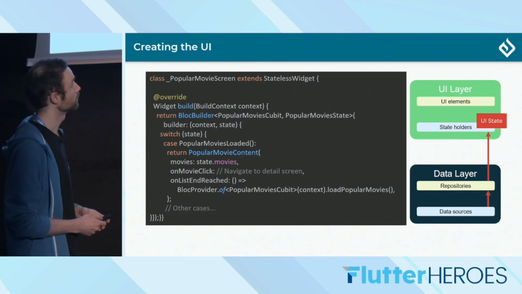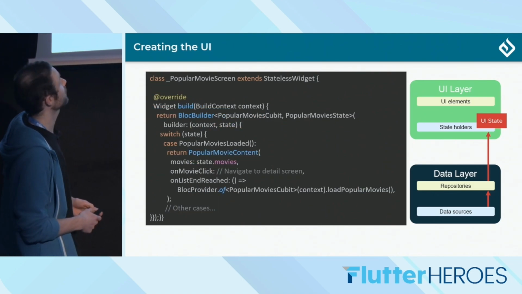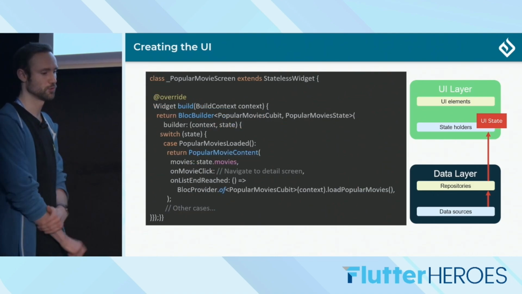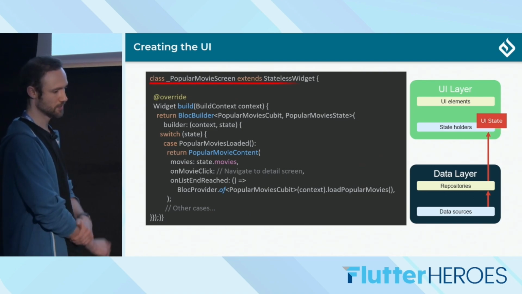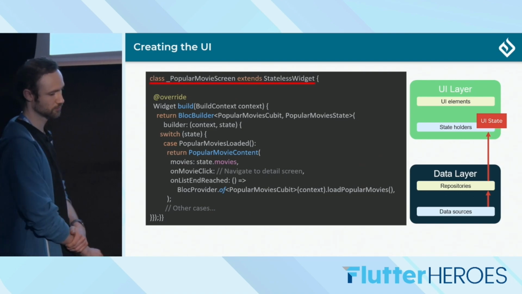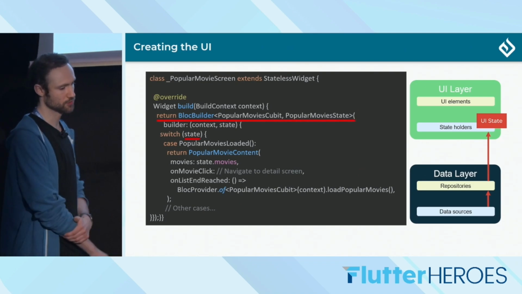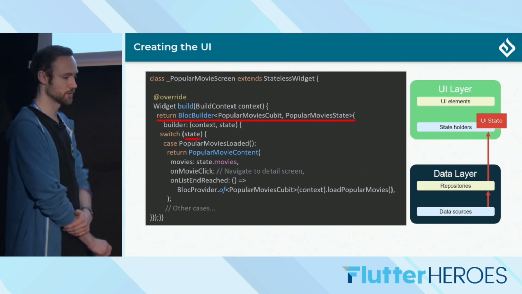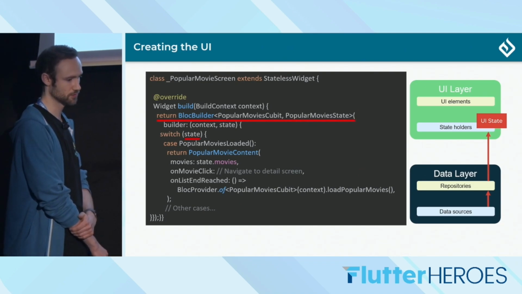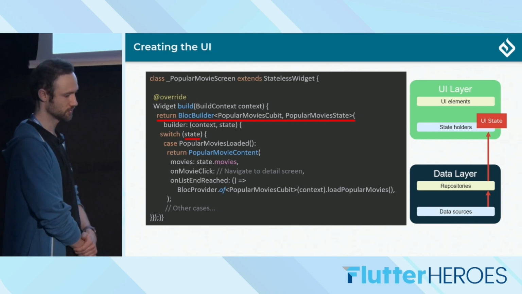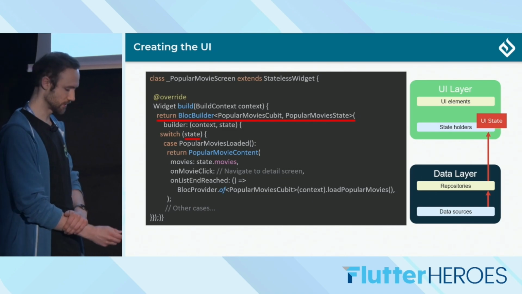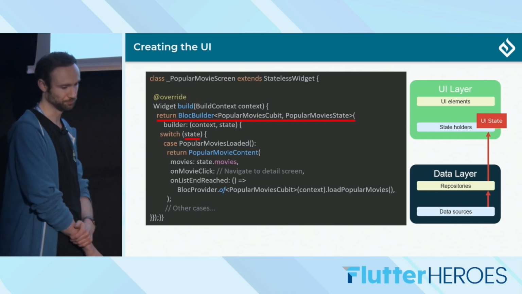So now we can jump to our UI elements, and here you see a pretty normal screen. We have our stateless widget, and now the question is, what are we doing here? So at first, of course, we have our BlocBuilder. We've also seen this in the previous talk. We're listening here to the state of the Cubit, and based on the state, we're building our UI.